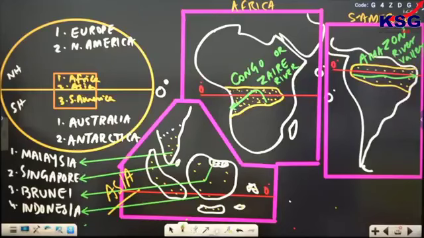Please draw this diagram. Kindly draw this diagram. Is it done?